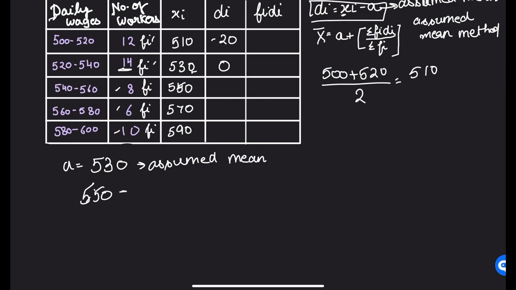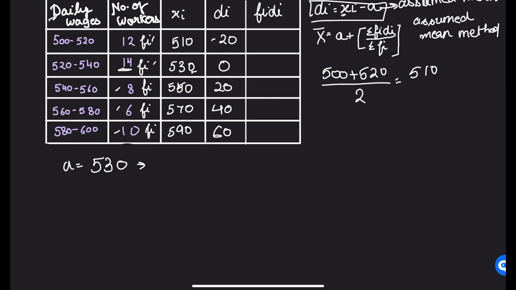Then 550 minus 530, it will be 20. Again, 570 minus 530, it will be 40. 590 minus 530, it will be 60. So here we get di also.